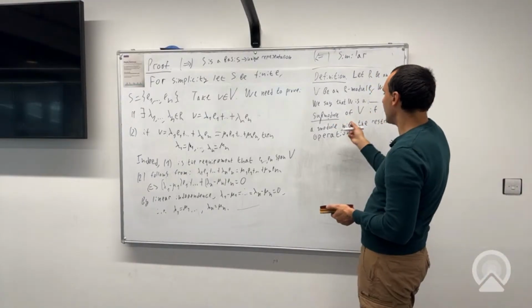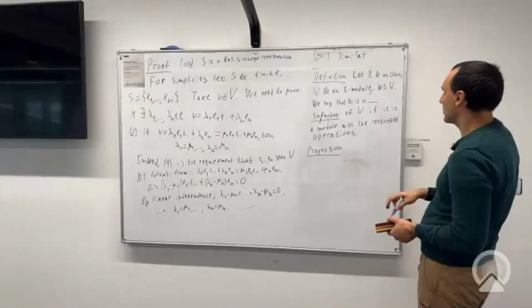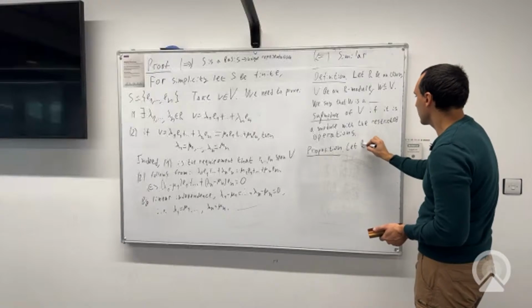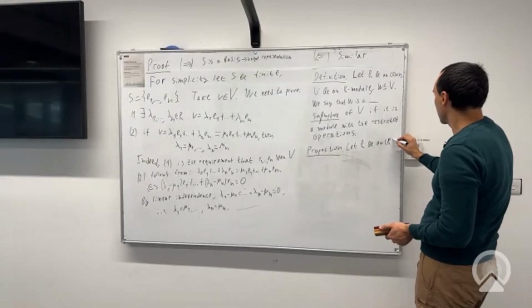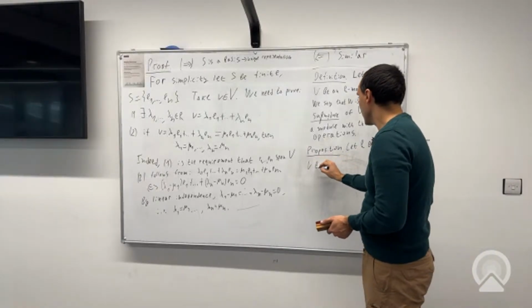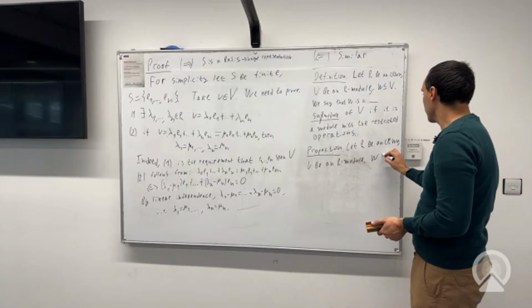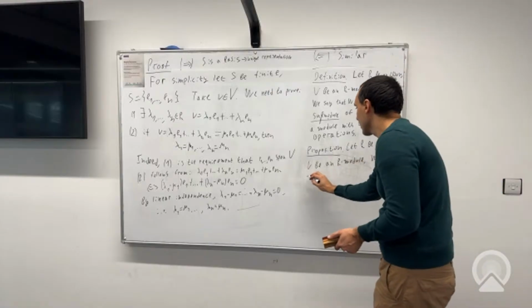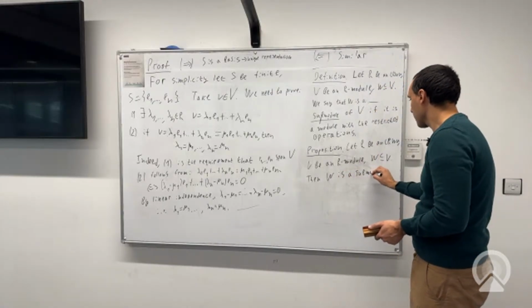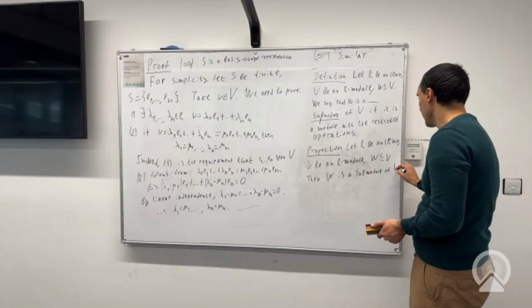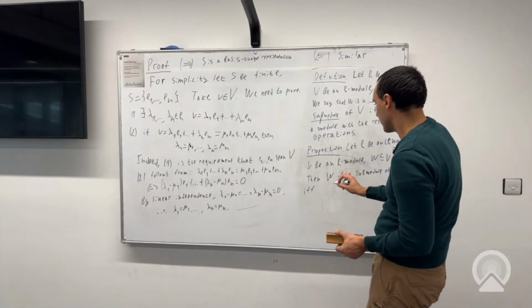Equivalently, this is a claim: start again with a commutative ring with unity, V an R module, and W. Then W is a submodule of V if and only if these two conditions hold.